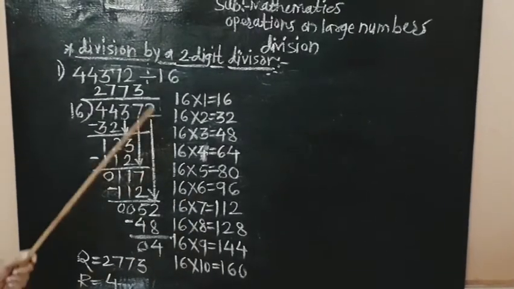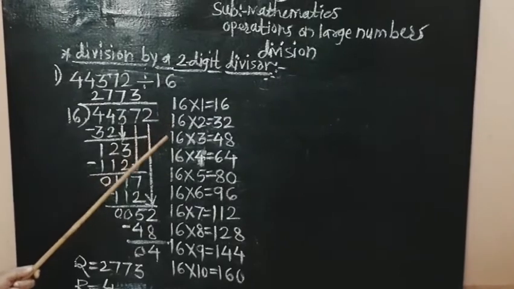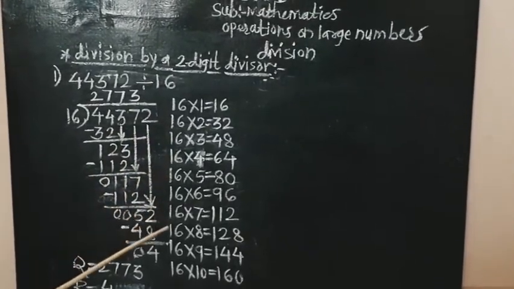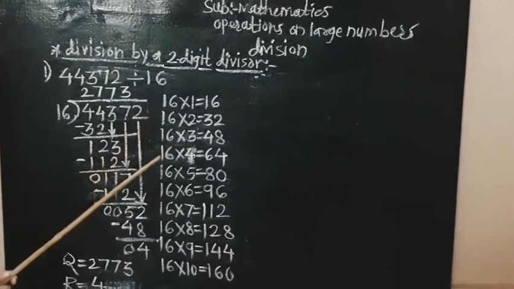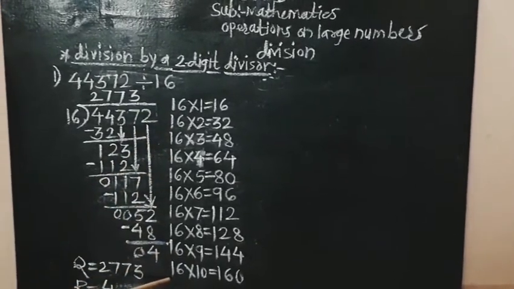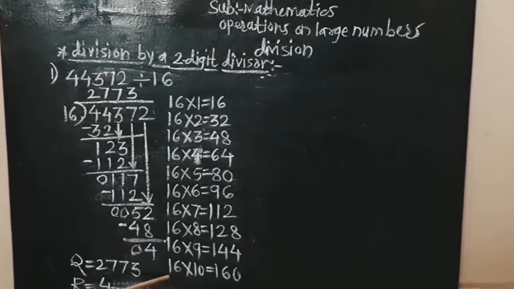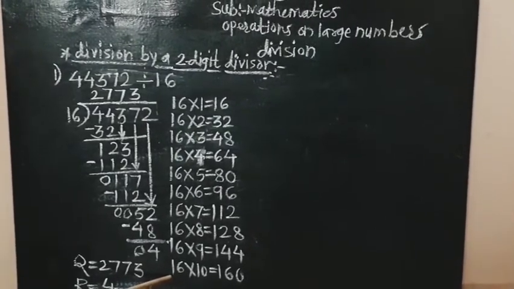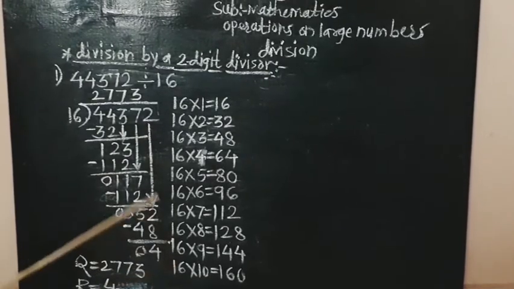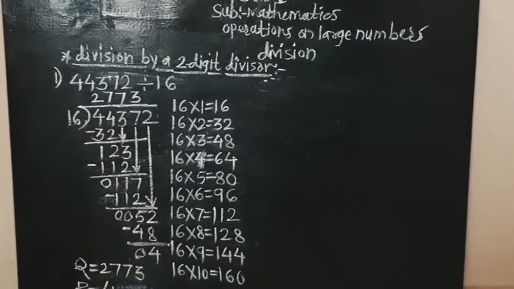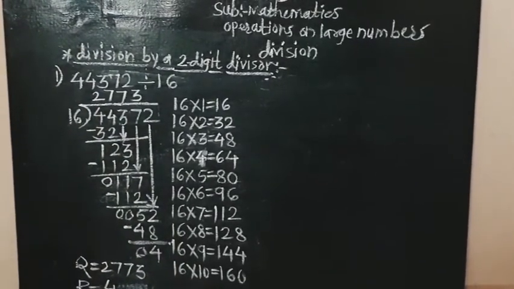In the first step I wrote one table here, the 16th table. I think many students know it, you are 5th standard students, so everyone knows the 16th table very well. If you know the 16th table, then this division is a very easy operation for you.